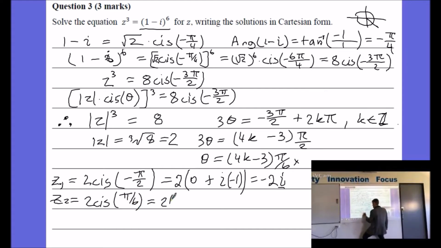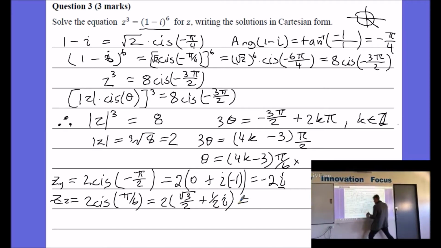And let's evaluate it. Cos of pi on 6 gives us root 3 on 2, and sine of pi on 6 is a half in the i. Okay, and we expand, multiply by 2, and we get root 3 plus i as our second root. One more.